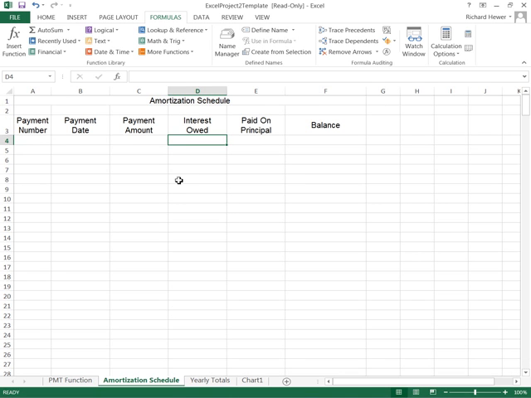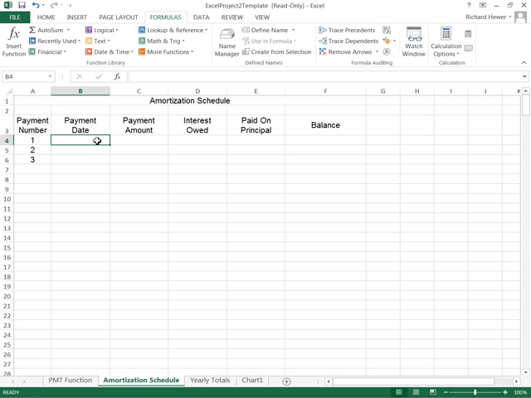Amortization schedule. The main thing I want to do here is show copy and also go over the IPMT. So the first thing we're going to do here is we'll put in a number 1, and then here we'll put in a 2, and I'm going to go down and put in a 3.